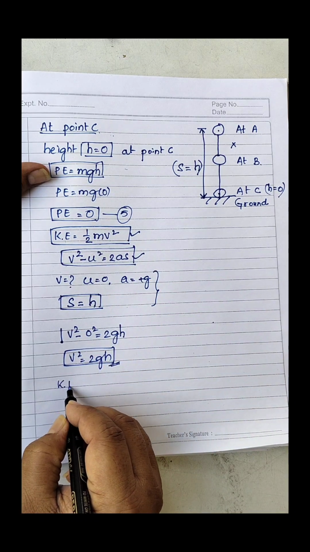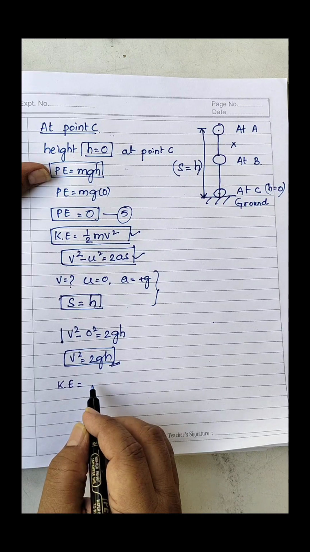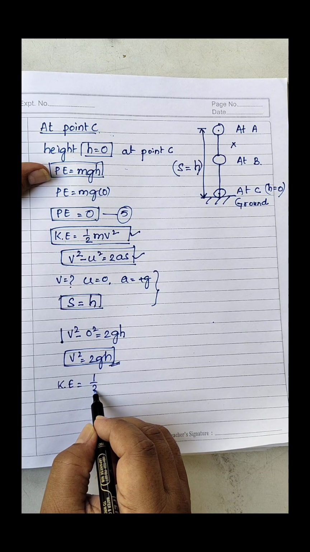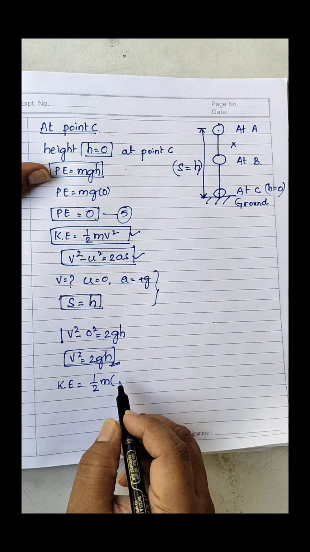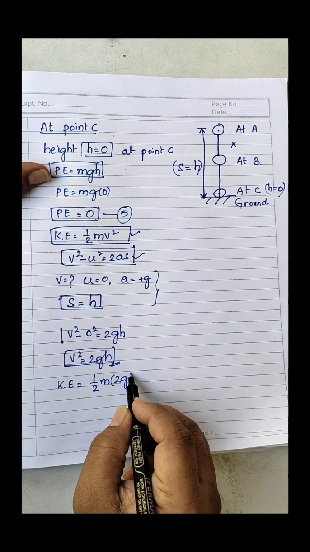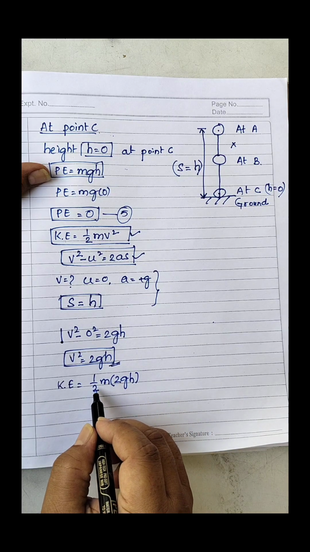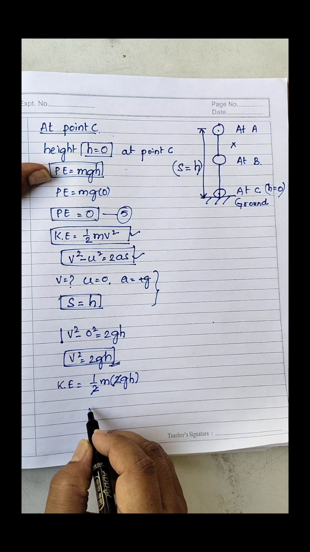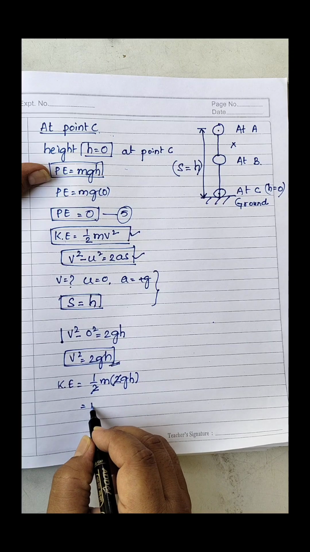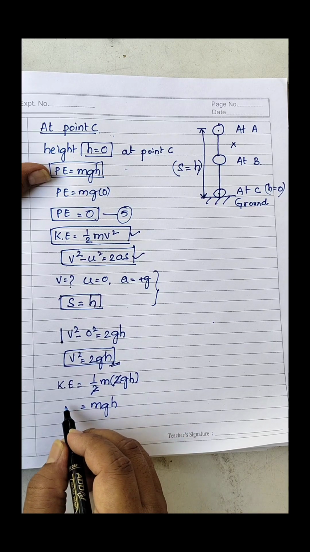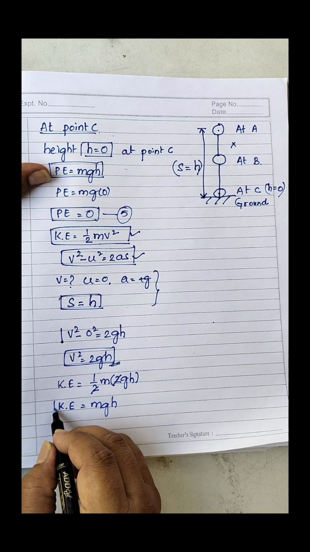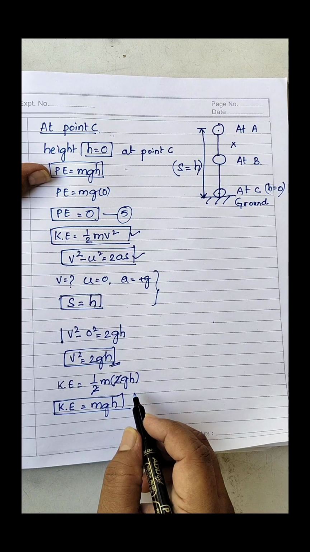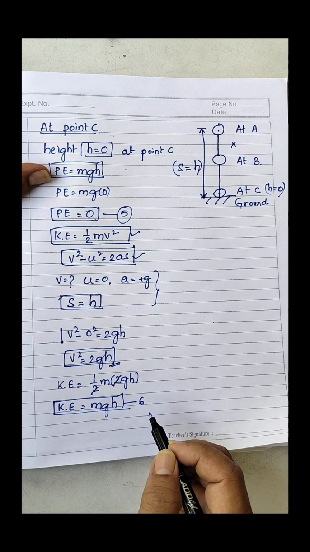So KE is equal to 1 by 2 m. Instead of v square I am going to write 2gh. So in this 2 and 2 get cancelled, mgh, kinetic energy. So this is equation number 6.